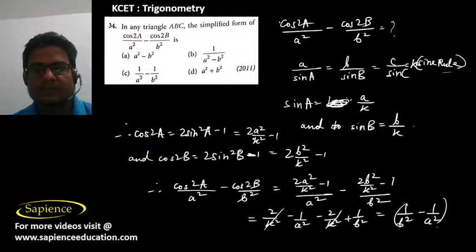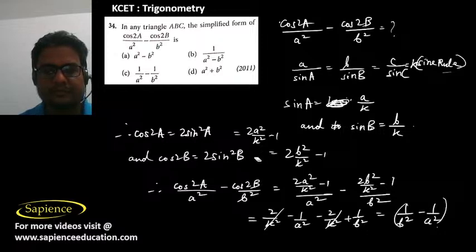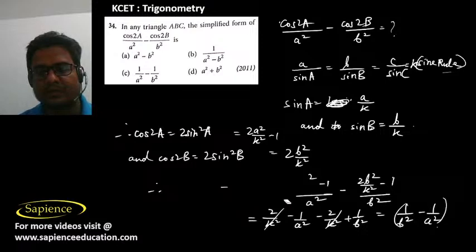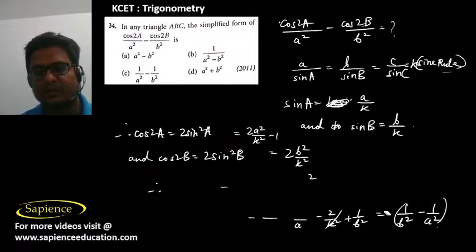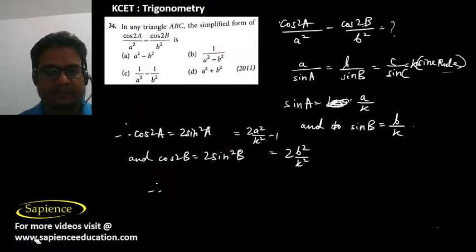Sorry, there is something wrong here. Cos 2a is 1 minus 2 sine square a, and cos 2b is 1 minus 2 sine square b.